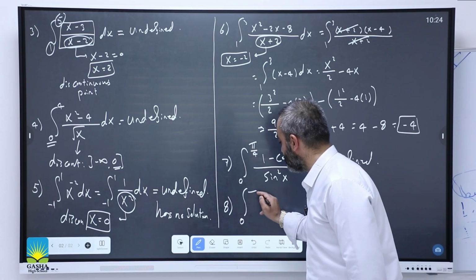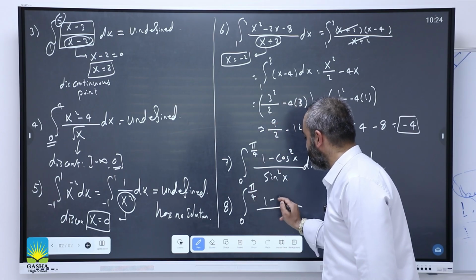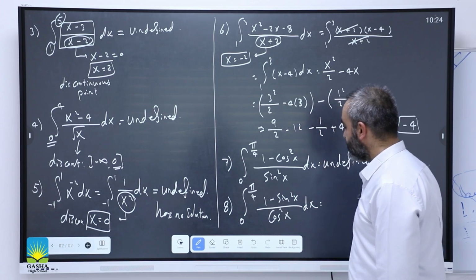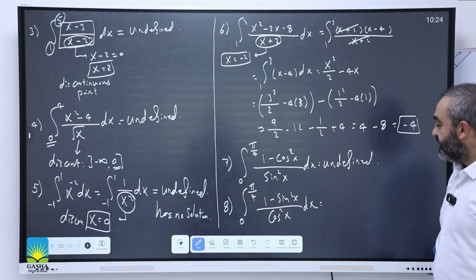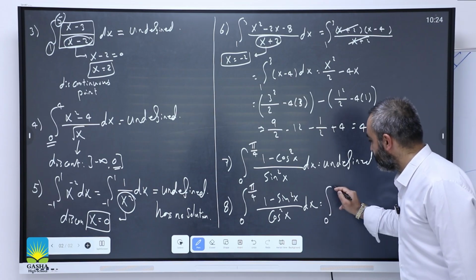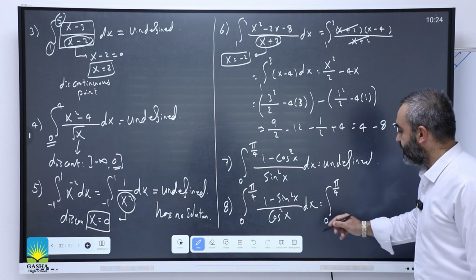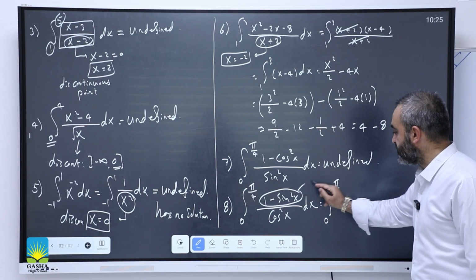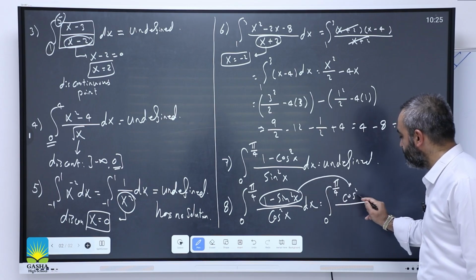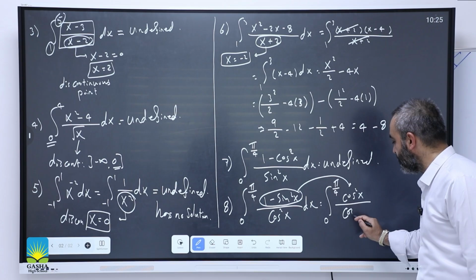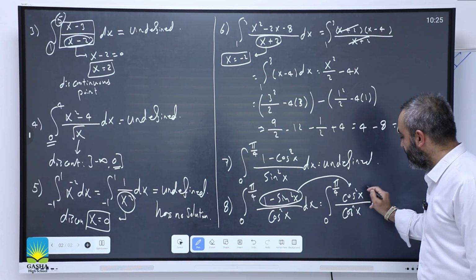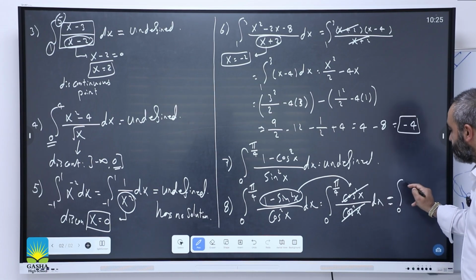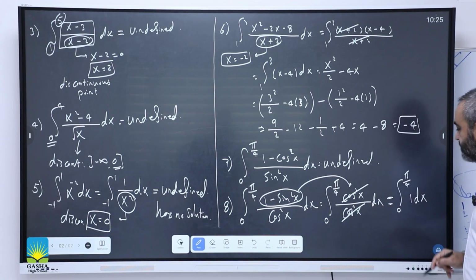And what about number 8? The integral also from 0 to pi over 4 of (1 minus sine squared x) over cosine squared of x dx. We have the formula that 1 minus sine squared becomes cosine squared of x, over cosine squared of x dx. We cancel cosine squared with cosine squared, and this is the integral from 0 to pi over 4 of 1 dx, right?